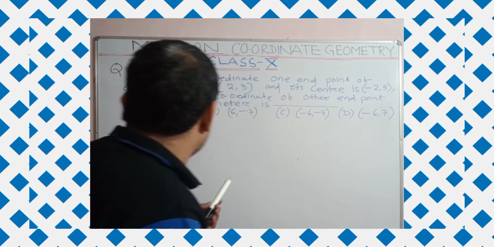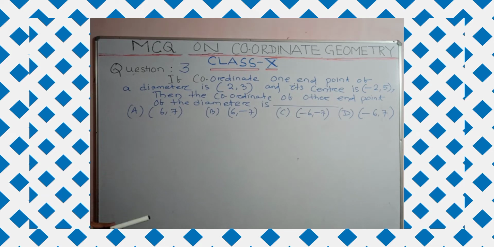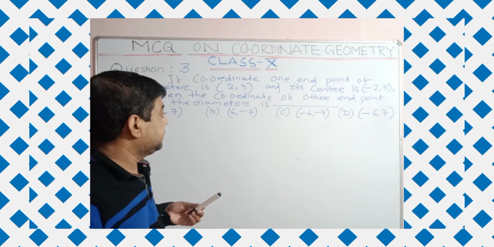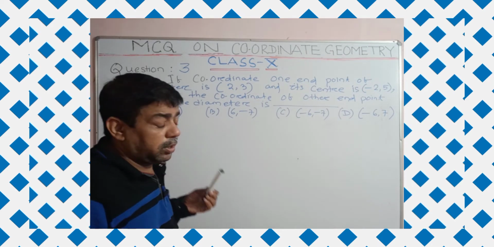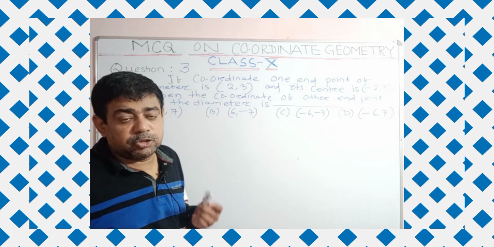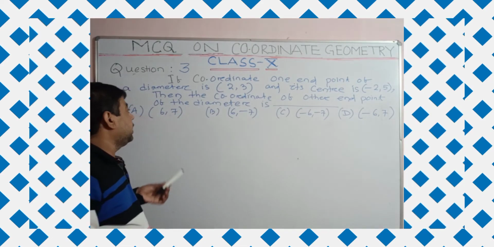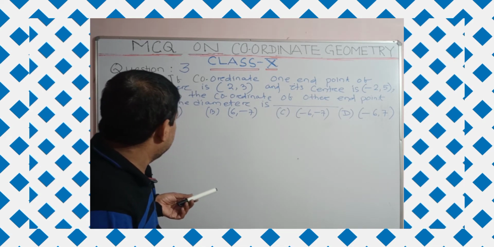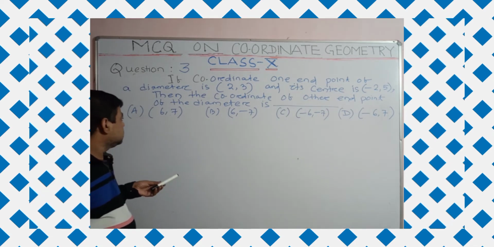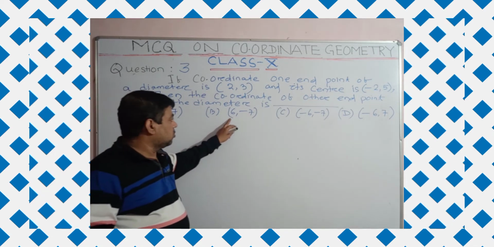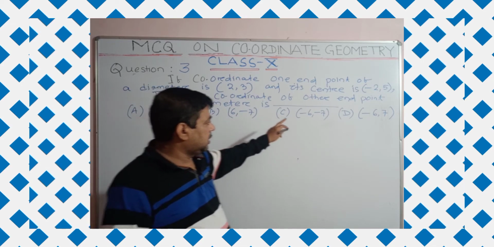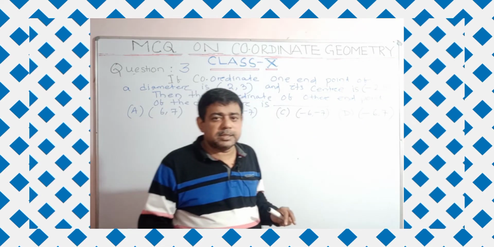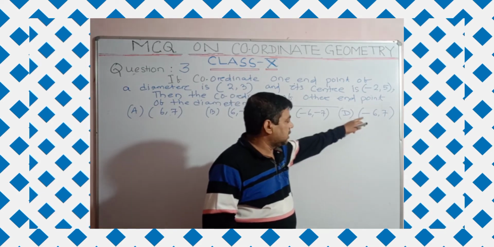If the coordinate of one end point of a diameter is (2, 3) and its center is (minus 2, 5), then the coordinate of the other end point of the diameter is: option A (6, 7), option B (6, minus 7), option C (minus 6, minus 7), and option D (minus 6, 7).